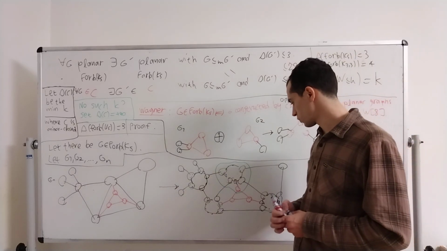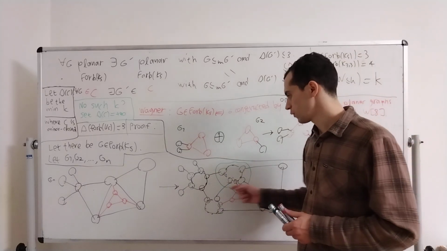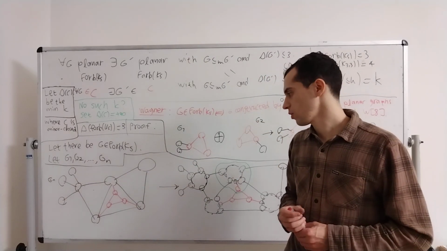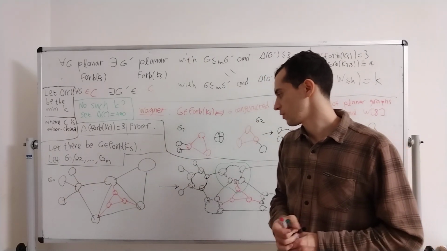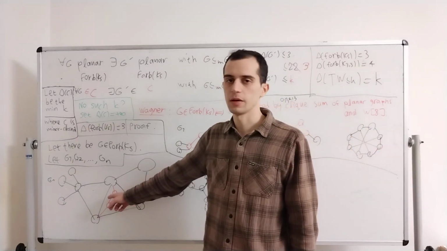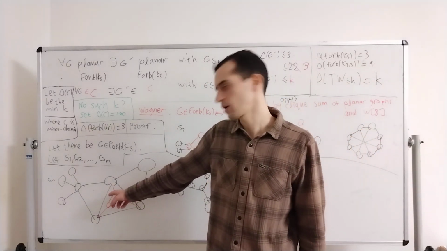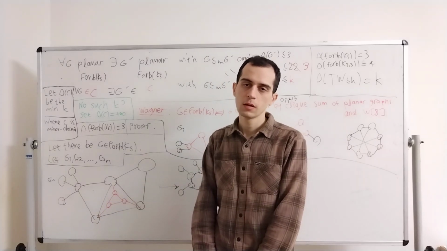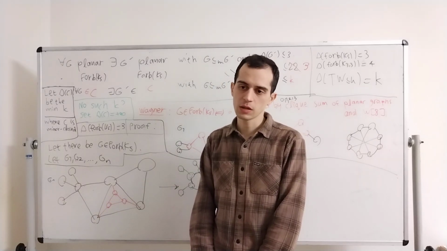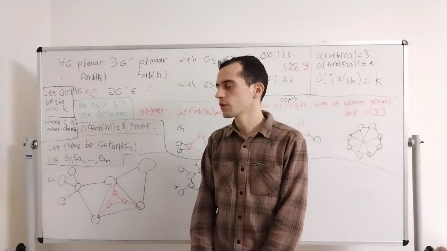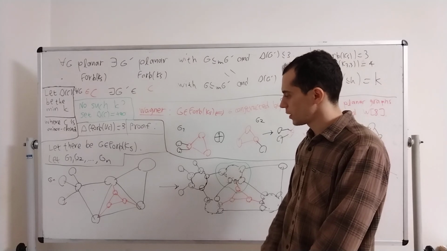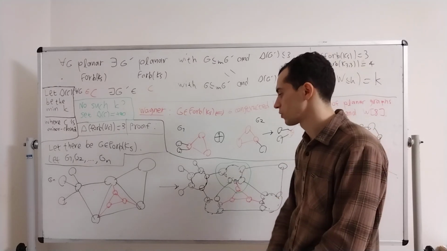So this is good news. We do this for all other triangles as well. Now, I didn't mention this: the reason we can add a triangle here and still be planar is that those triangles must have an empty interior, or an empty exterior, one of the two.